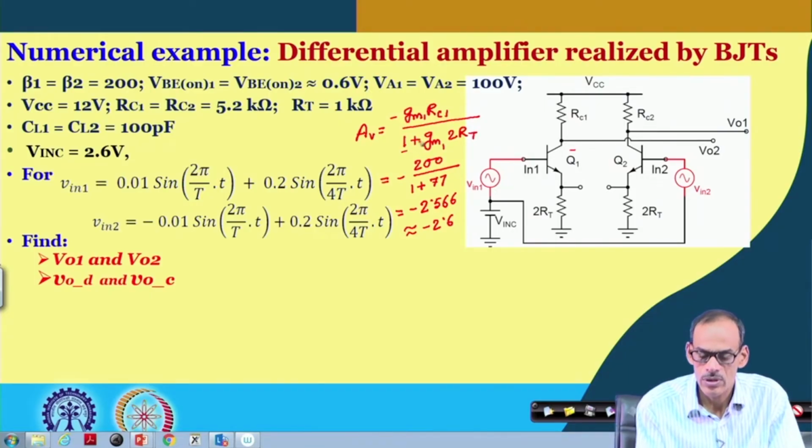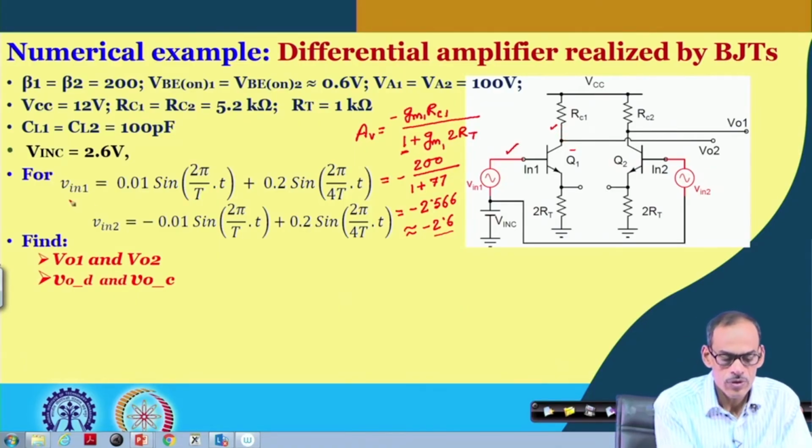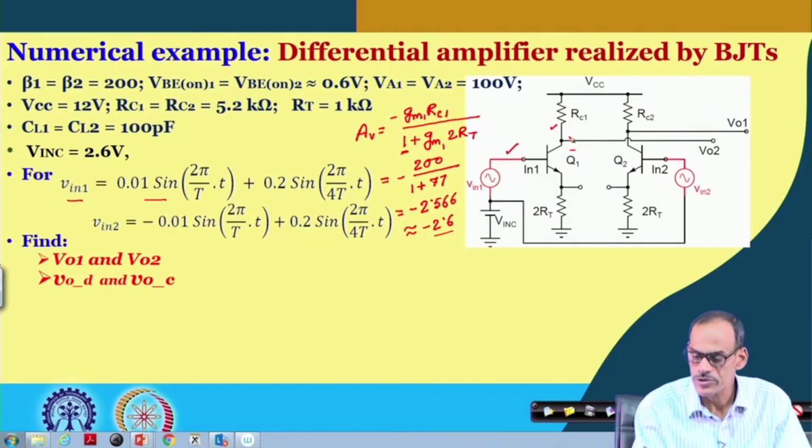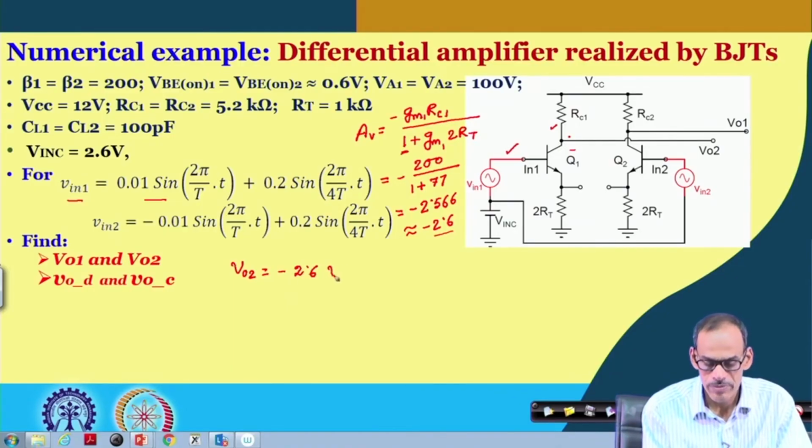So, if I ignore this 1, then RC1 divided by 2RT gives us 2.6. So, that is the gain from this point to this point, which means that for this input the output signal we are getting, namely VO2, what we are expecting here is minus 2.6 multiplied by Vin1, right.